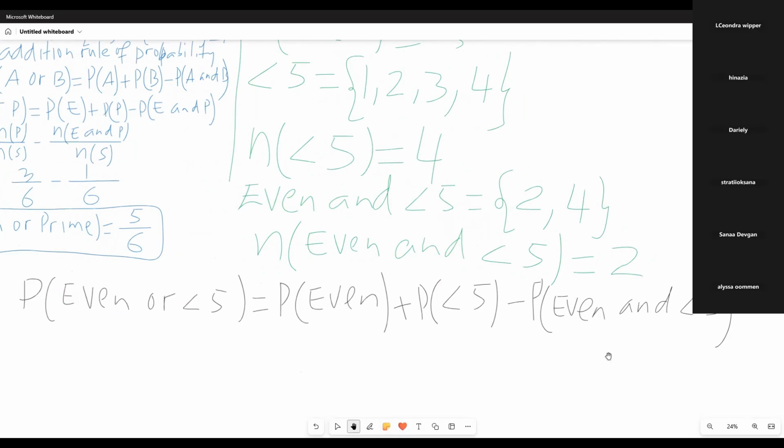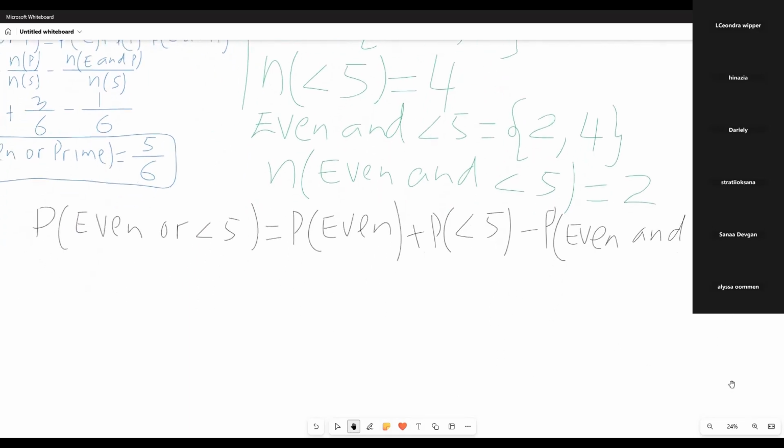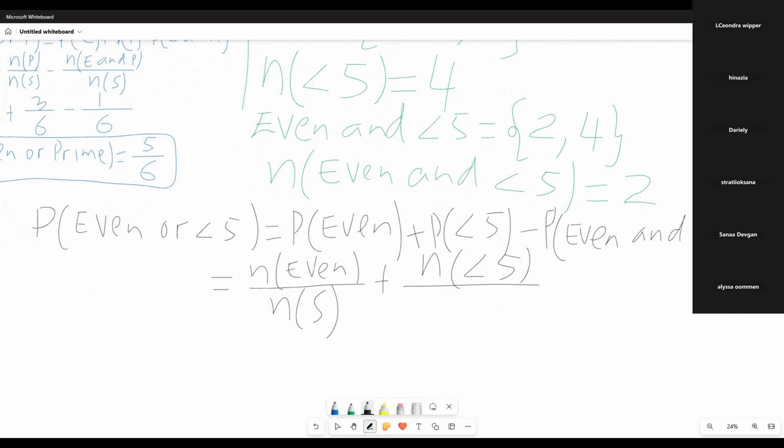Okay. Now, P of even is n of even over n of S, plus P of less than 5 will be n of less than 5 over n of S, minus n of even and less than 5 over n of S.